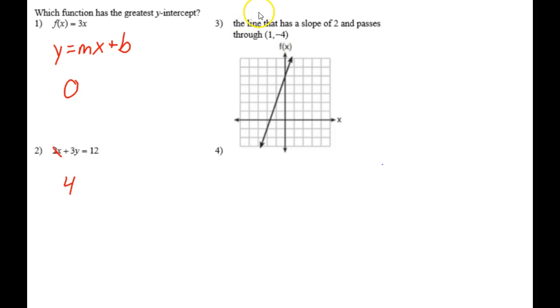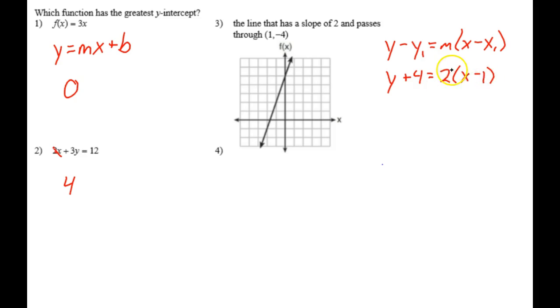Now to the third one, the line has a slope of 2 and passes through (1, -4). So we have to use y minus y1 equal to m times the quantity x minus x sub 1. This is our point slope form. I have my x sub 1 and y sub 1, and I have my m value. So I have y minus -4, which is y plus 4, equal to a slope of 2 times x minus 1.